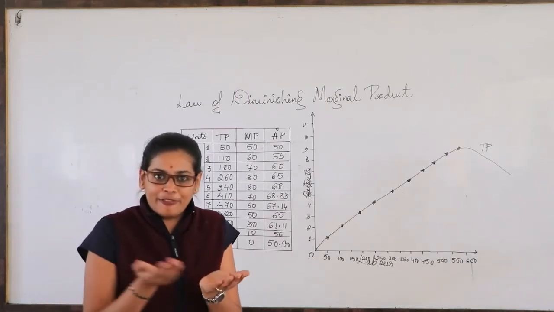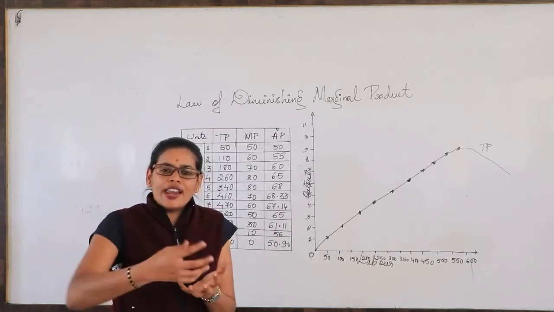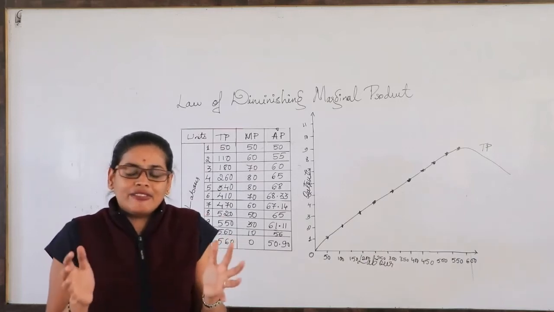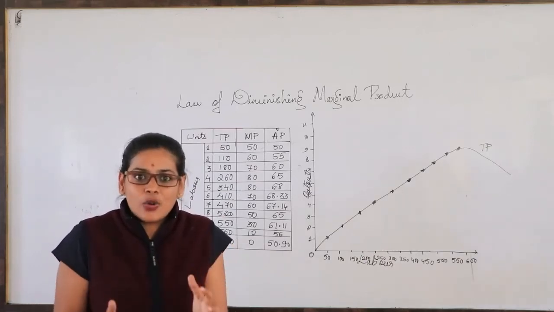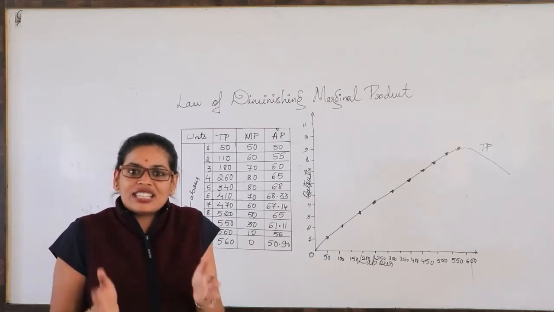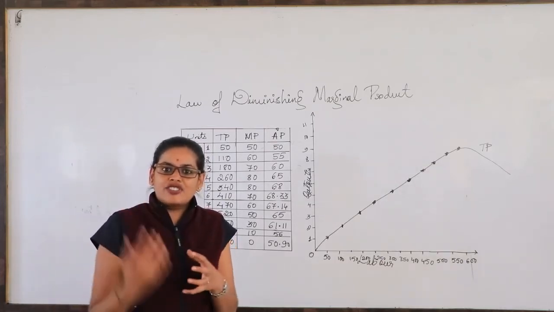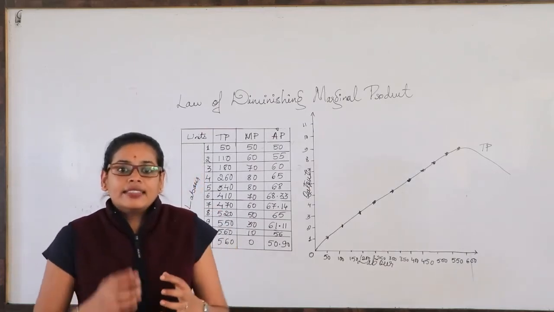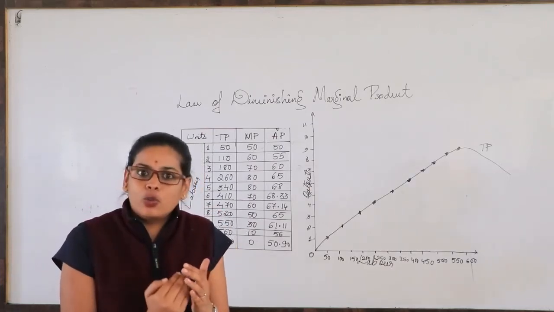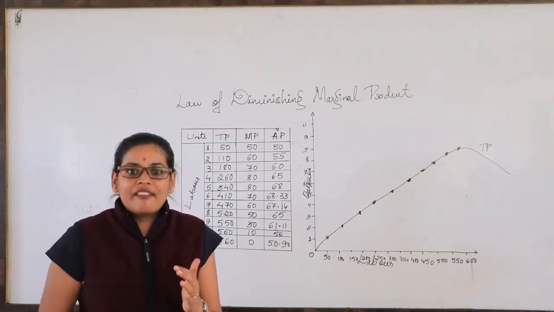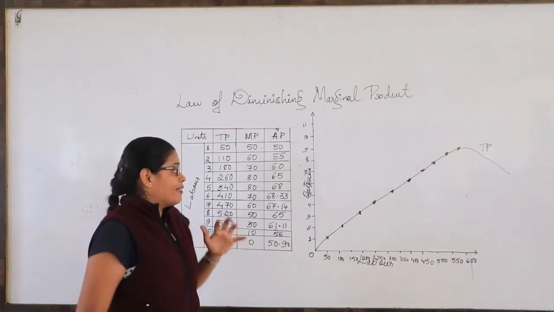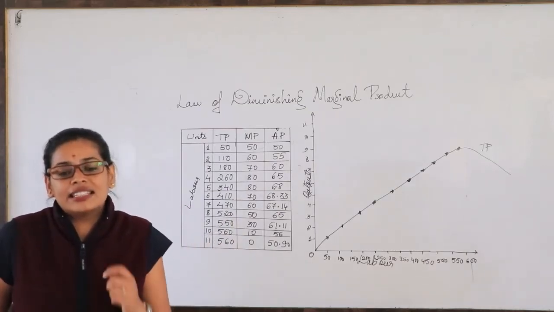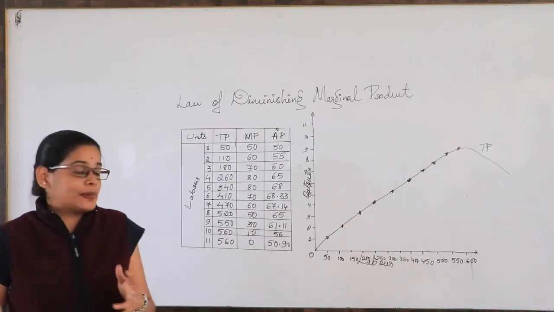So you can see that difference, right? But when you go on adding more laborers on this same 4 acres of land, what is happening? There is a crowd which is building, right? We just have 4 acres of land and we are just adding more laborers. Then the efficiency of the labor will be reducing. So that's the best example for us to understand how diminishing marginal productivity happens.